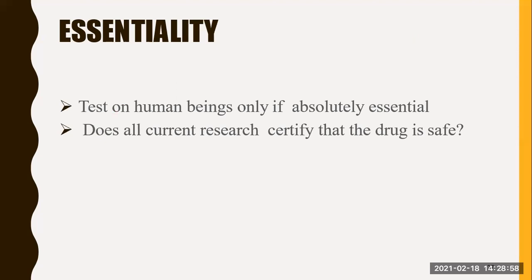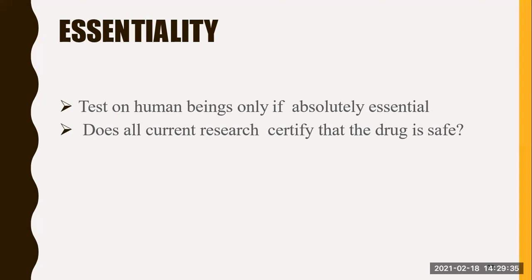Okay, so essentiality. Essentiality means what? We have to conduct the clinical trials only and only if it is essential to carry them out. If there is no need for clinical trials, such as in the case of certain drugs where a certain type of drug is already being tested in human beings, and a similar category of drug is introduced, then we don't have to carry out extensive clinical trials.